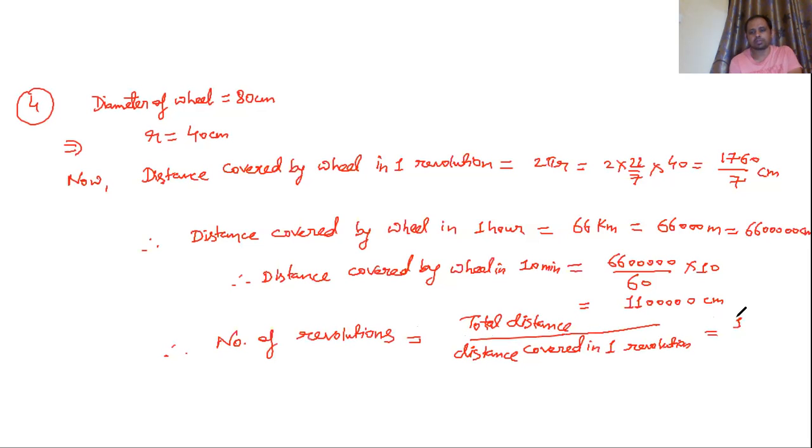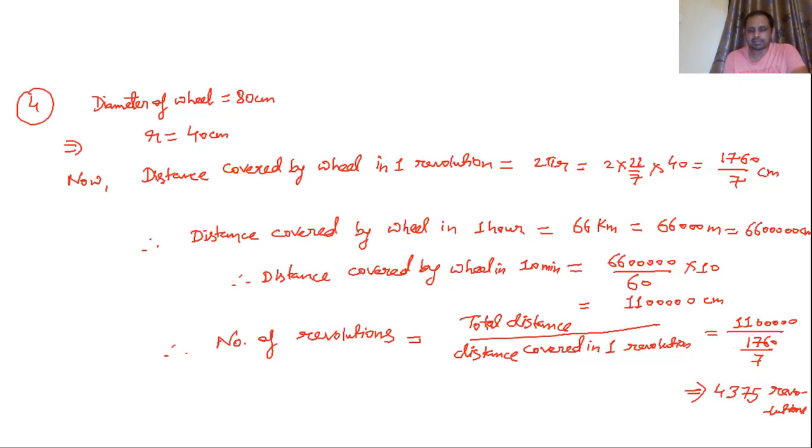Total distance divided by distance covered in one revolution, which is 1760 upon 7, and if you simplify this one, we will get the number of revolution as 4375. Hope it is clear to everyone.